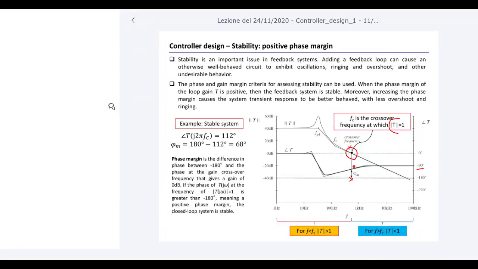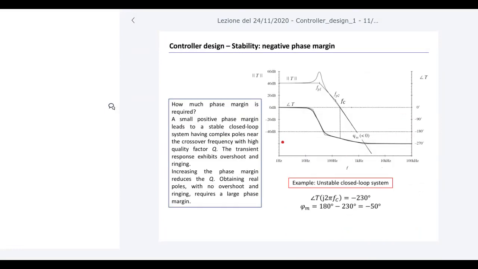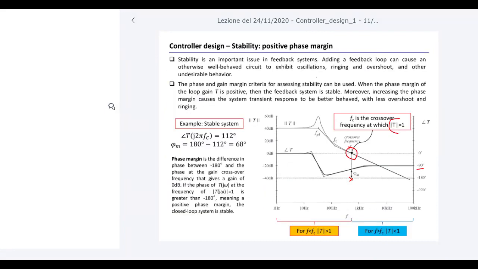And the phase margin is something that you have to choose looking at the system you are designing. The phase margin should be larger than what is typically enough, say 60 degrees, 90 degrees of phase margin, in order to be sure that any kind of variation of the components does not lead to reducing the phase margin up to the point in which Φm goes to 0.